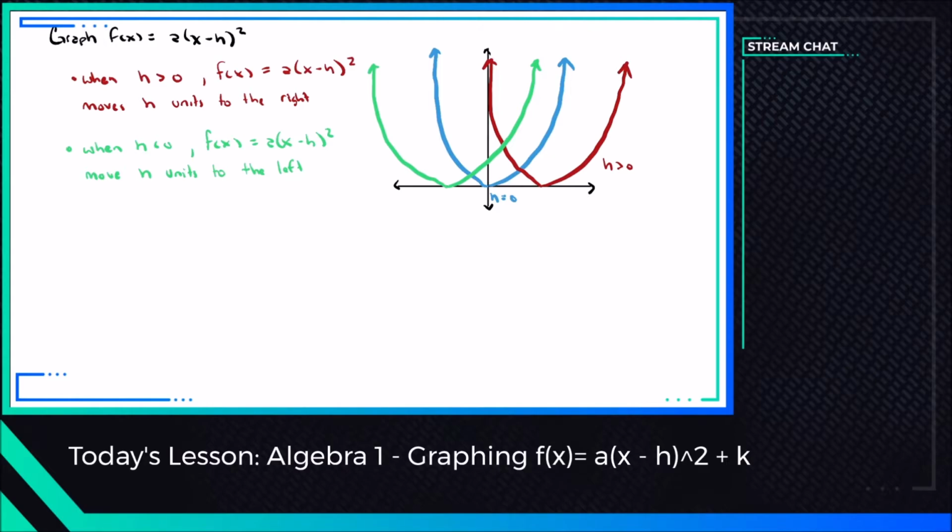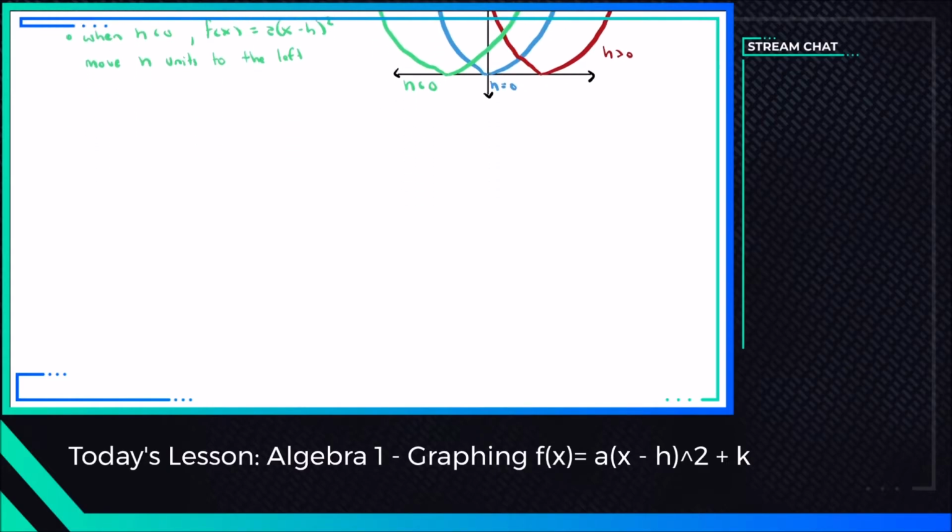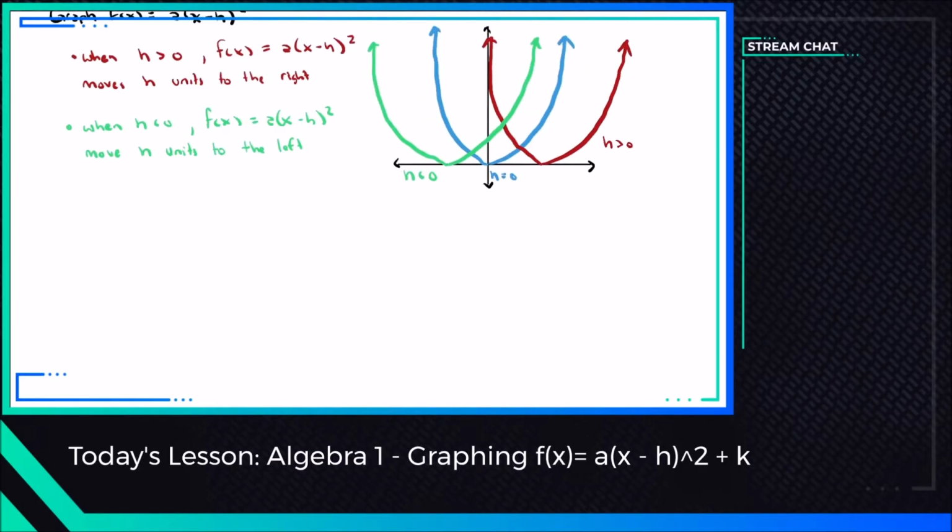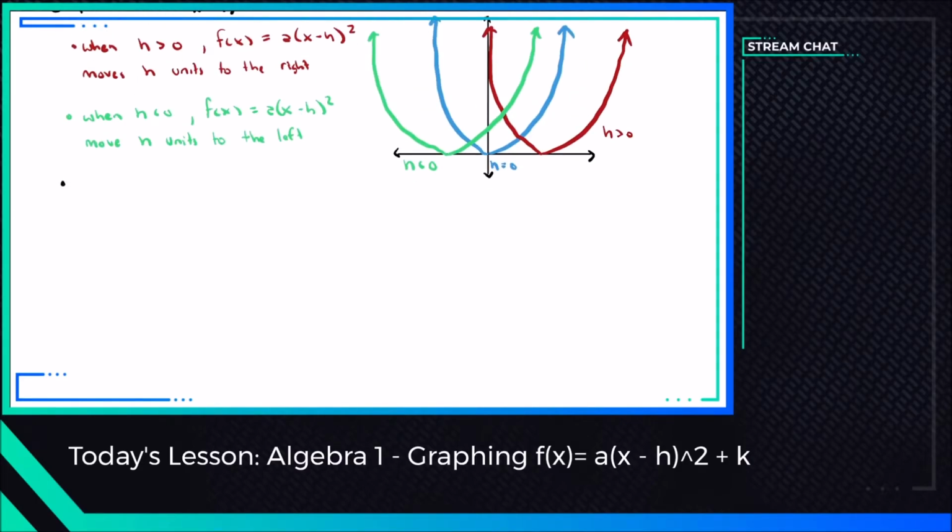So that's going to happen when h is less than 0. Your vertex is always going to be h comma 0, and your axis of symmetry is going to be x is equal to h.